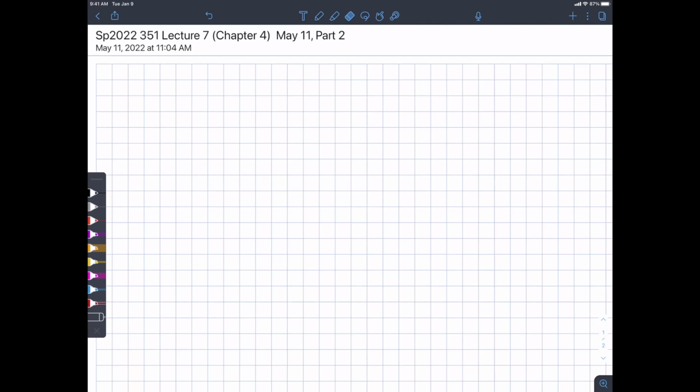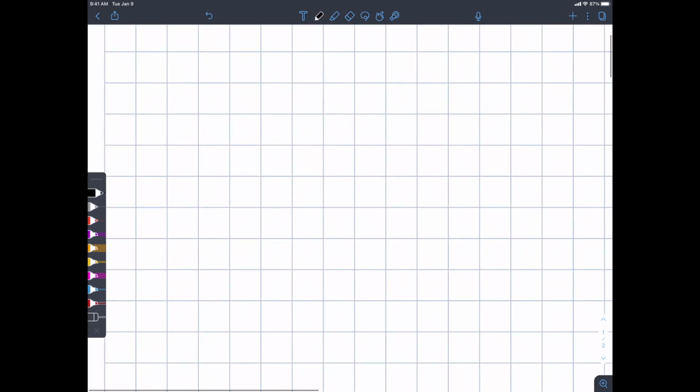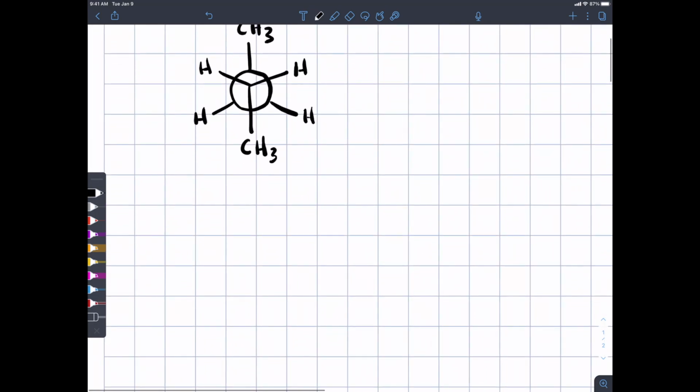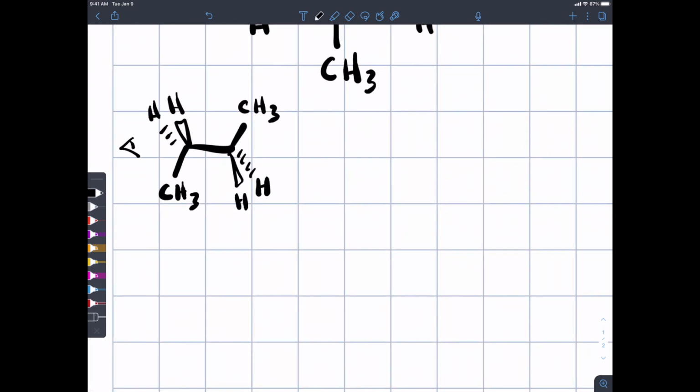We'll start out with the anti-conformation. Okay, and just to remind you, we are looking down the bond between carbons 2 and 3.